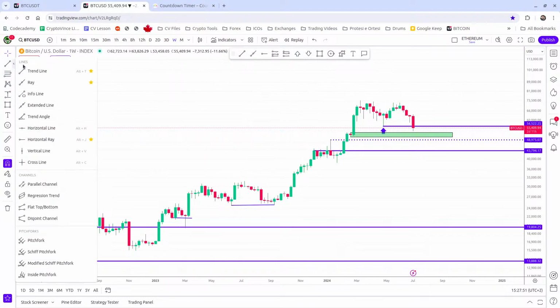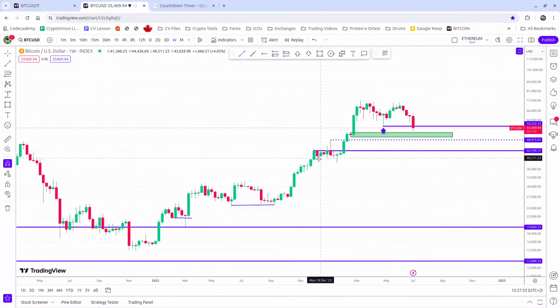Price didn't do a double top, but price was protected here too from the low. Actually, let's trace the wick as we did here. Price took liquidity and went back up. Here, that's not happening yet.